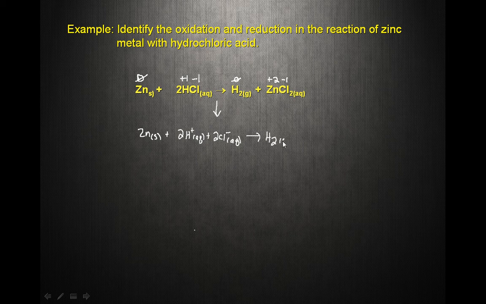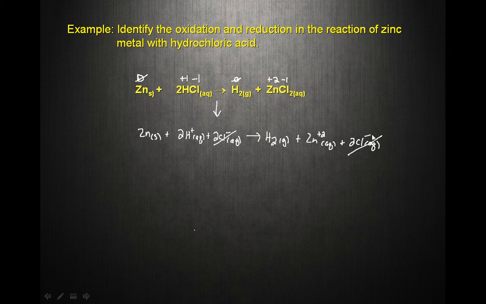And we only ionize the aq ones. Like this. And as before, you'll see that you've got 2 chlorines on one side, and 2 chlorines on the other side.